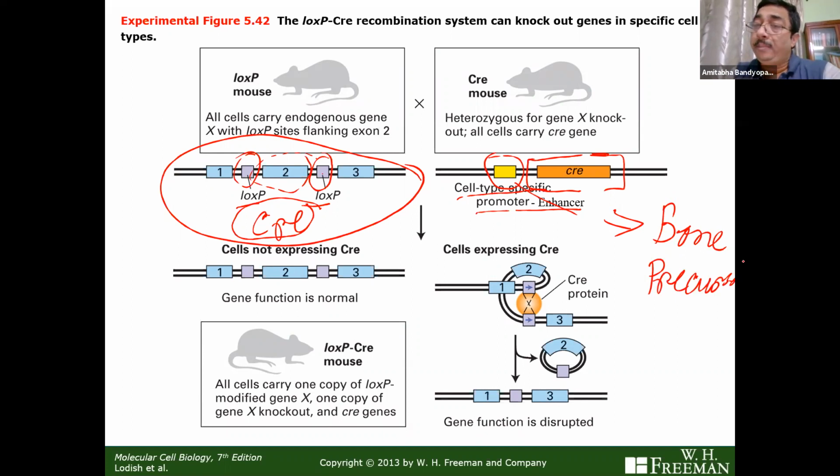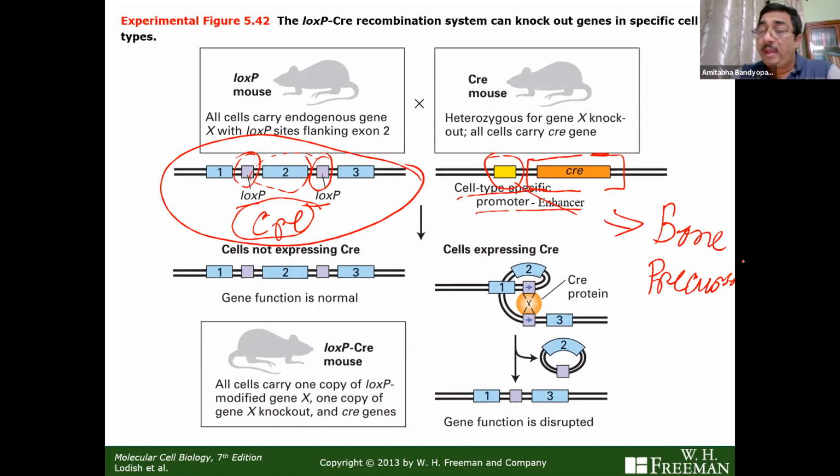Now the Cre enzyme will not be expressed in any other cell type of the mouse, but only when bone precursors are formed or born, then Cre enzyme will be expressed in those specific cells.